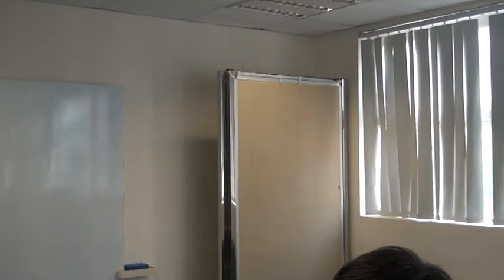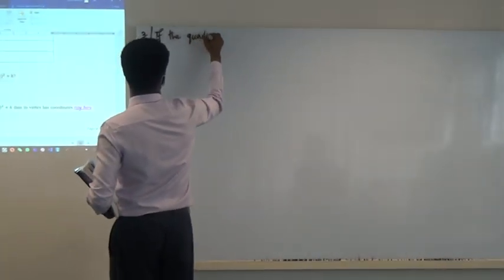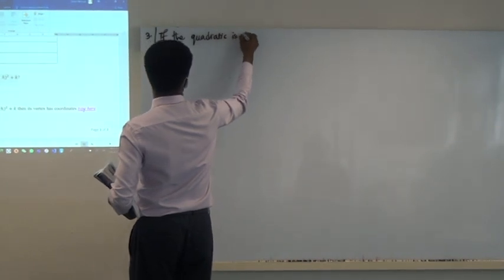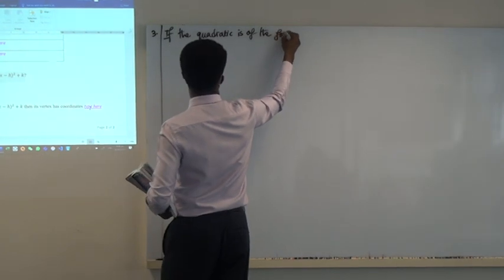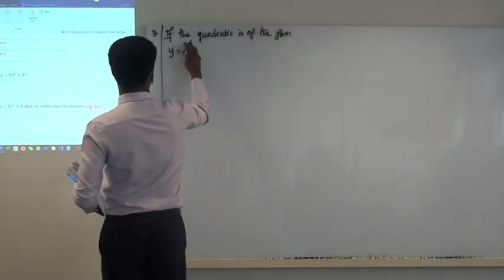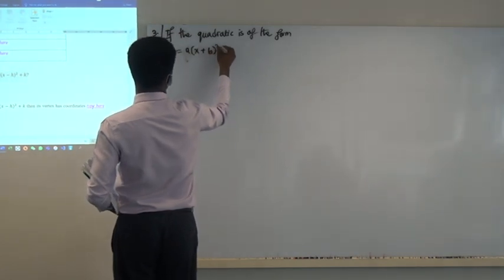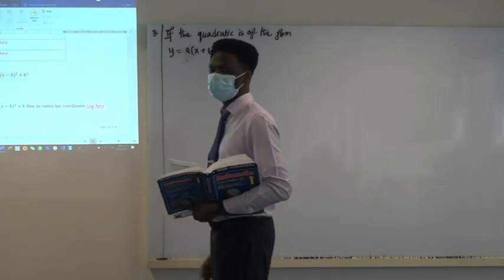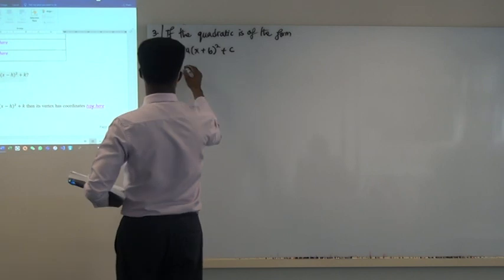So when you now have the one in the completing the square format, the last part, if the quadratic is of the form y equals a(x plus b) squared plus c, something like that. It's of this form. Let's have a sketch again.